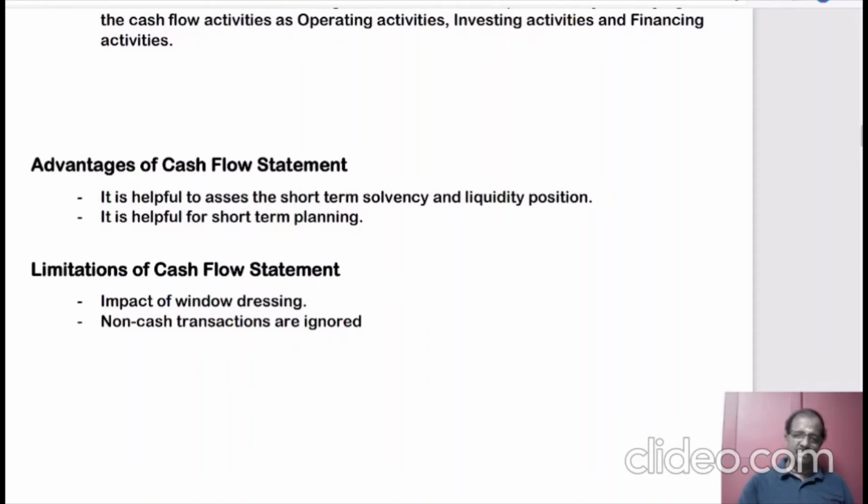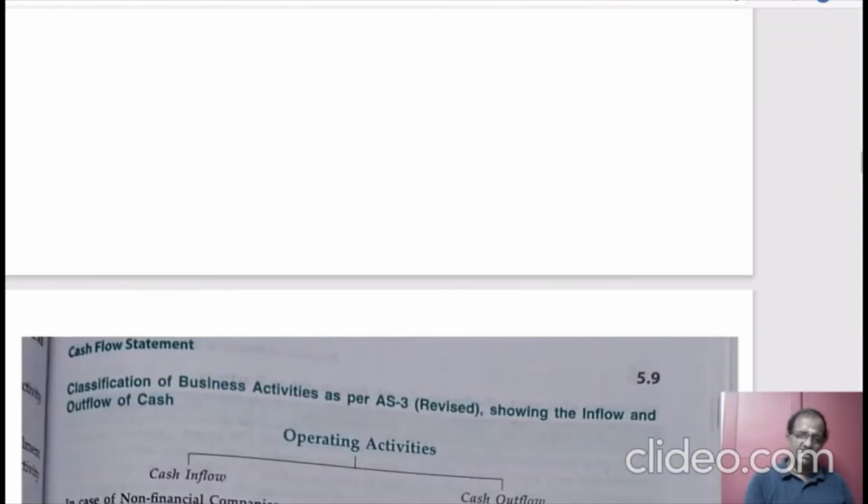This window dressing is a major drawback, because of which we cannot arrive at the actual, accurate cash flow statement. So that is considered a limitation of the cash flow statement. At the same time, under the cash flow statement, we don't consider non-cash transactions. So this is also a major limitation.